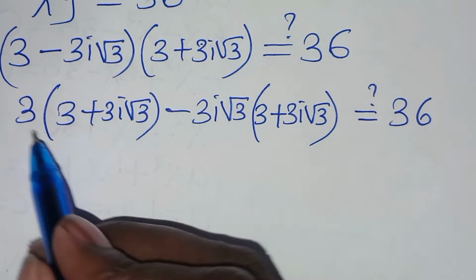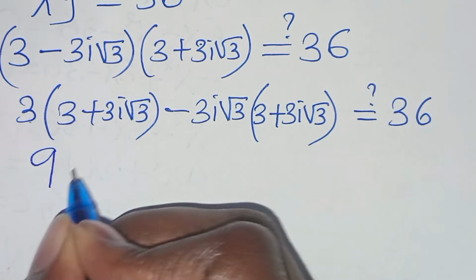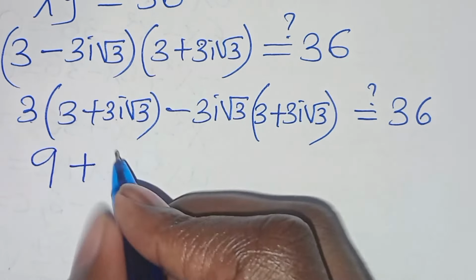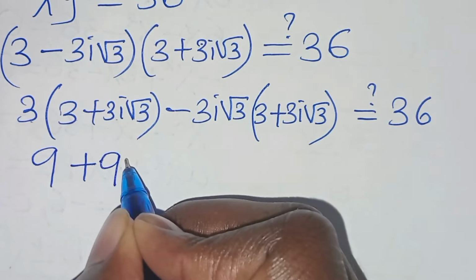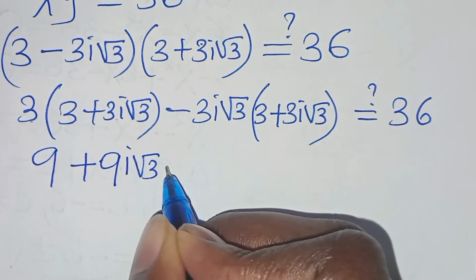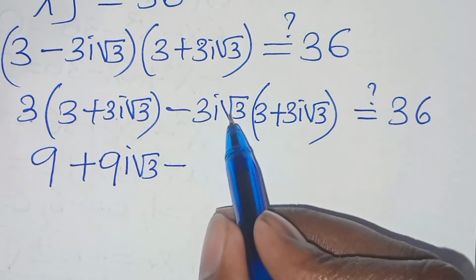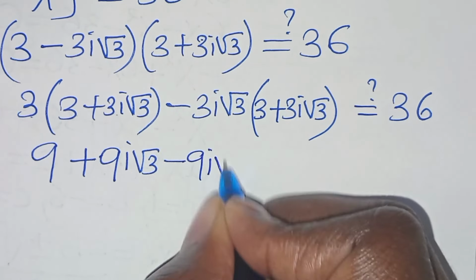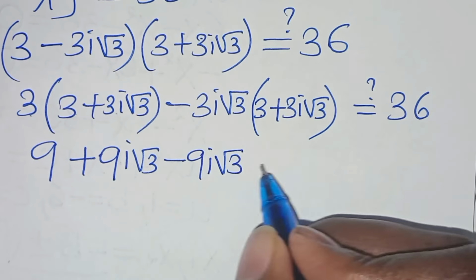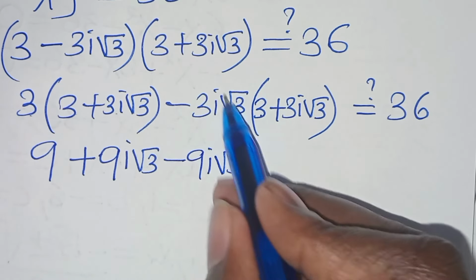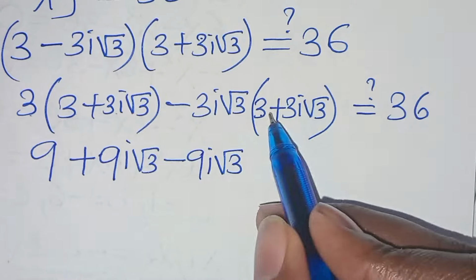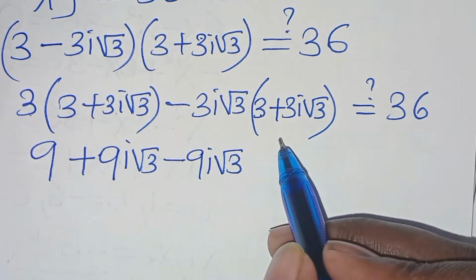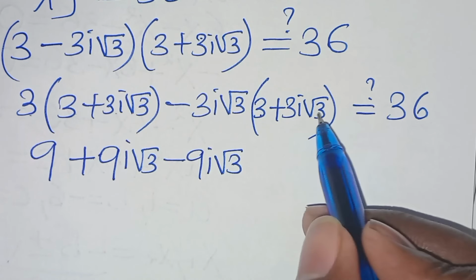So we have 3 times 3, this is 9, plus 3 times 3i square root of 3, so this is 9i square root of 3, then subtract 3i square root of 3 times 3, this is 9i square root of 3, then we have minus 3i square root of 3 times plus 3i square root of 3, so this is the same thing as 3i times 3i.